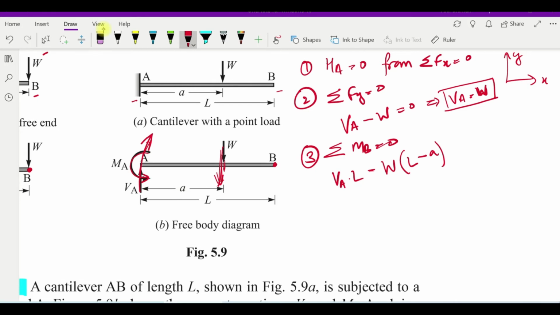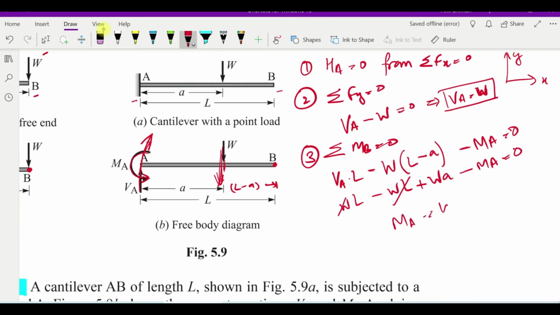This distance is L minus A. Then minus MA is equal to 0. I can substitute W here. So this is WL minus WL plus WA minus MA is equal to 0. This will cancel with this. MA is equal to W into A.